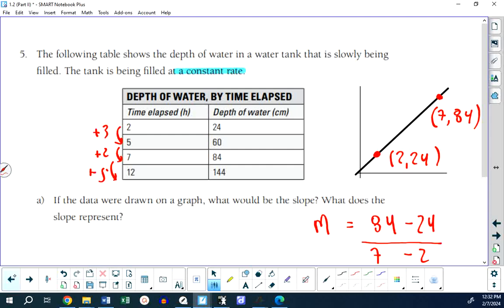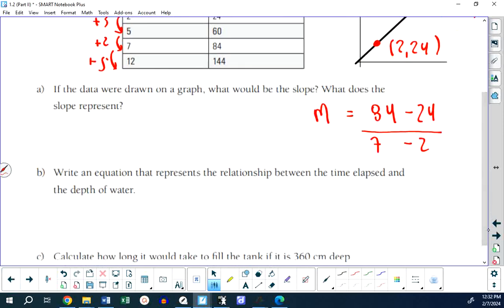So everybody work out what we're going to get for the slope here. I'm thinking 12. And you might have to do this in pieces.